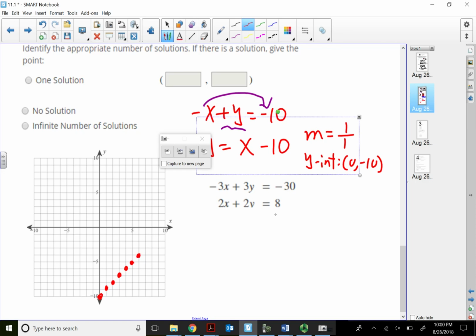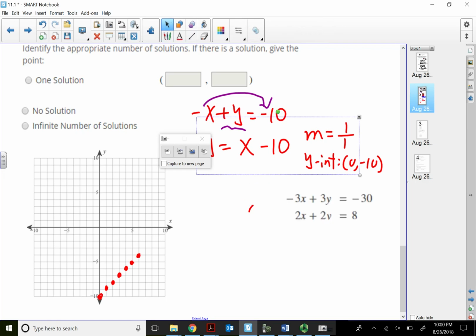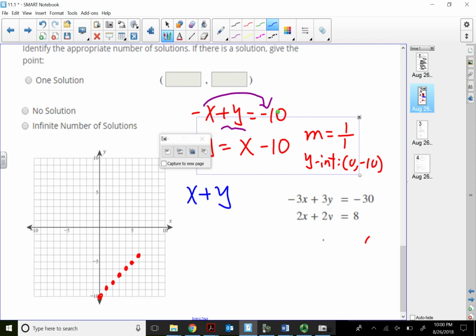It looks like the second one, ooh, there's a y right there. Every term is divisible by 2. So if I divide every term by 2, that gives me x plus y equal to 4. All right, my variable term y is positive, let it stay.